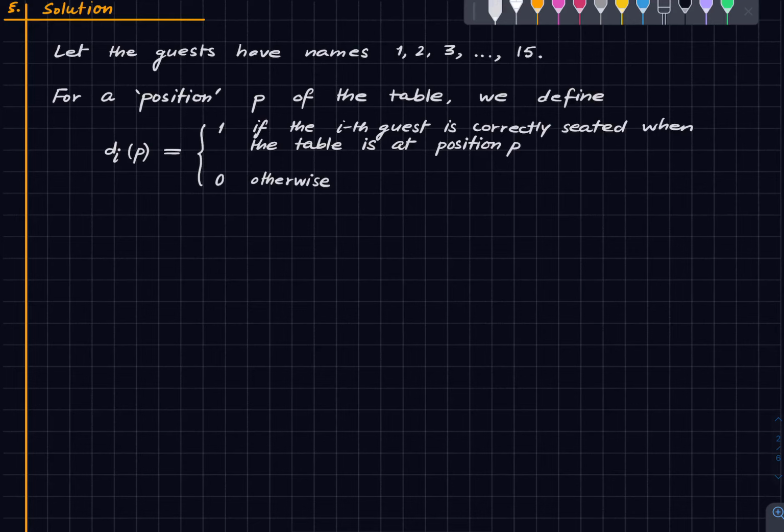Okay, and let's say N(P) is the total number of guests which are correctly seated when the table is at position P.